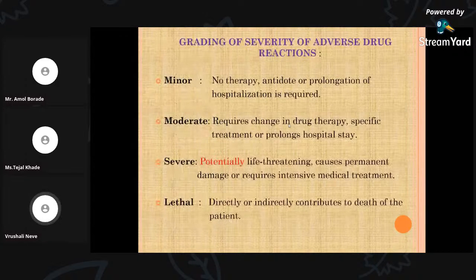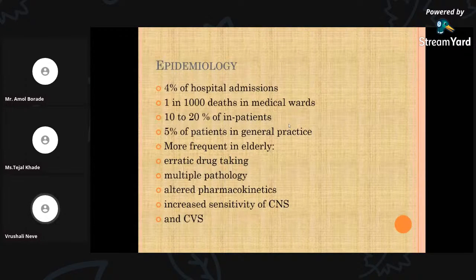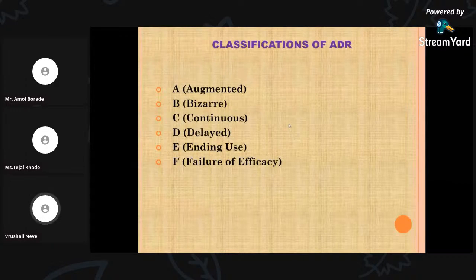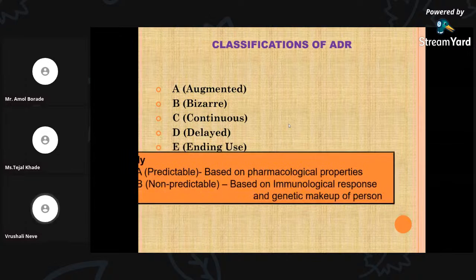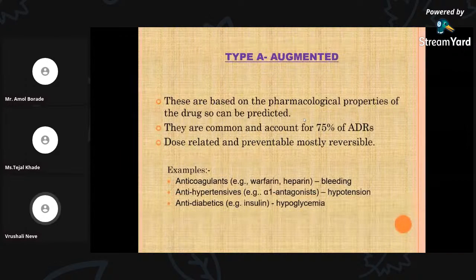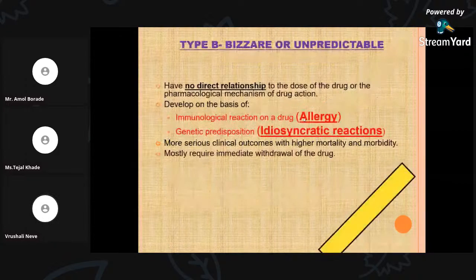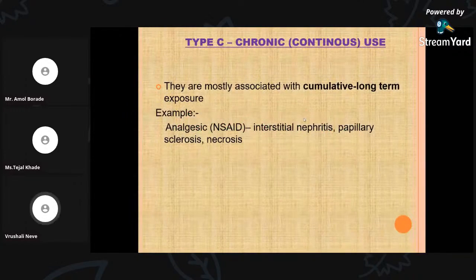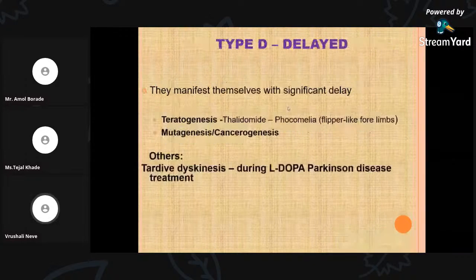After that, we discussed the epidemiological factors of adverse drug reaction, then the classification of ADR, including type A, type B, type C, and type D.